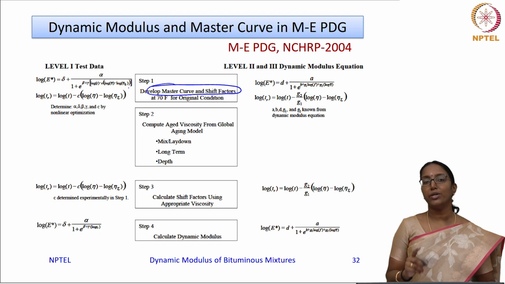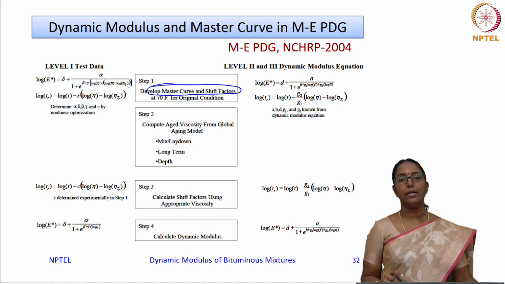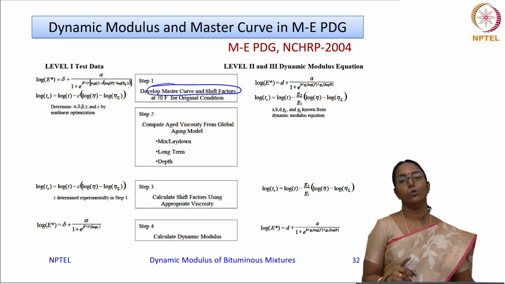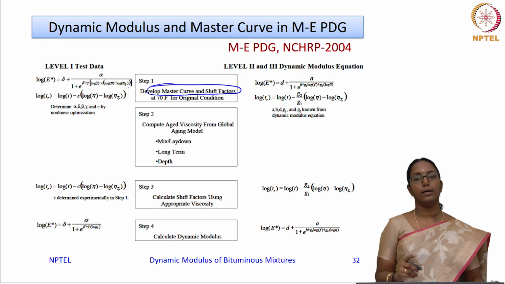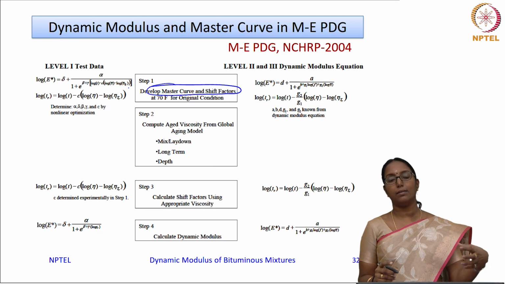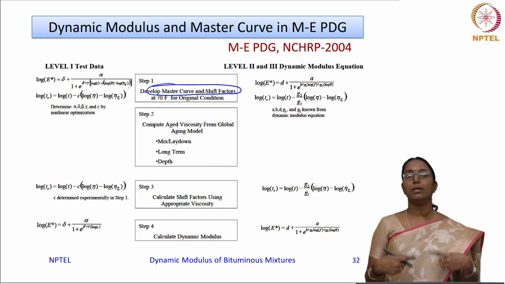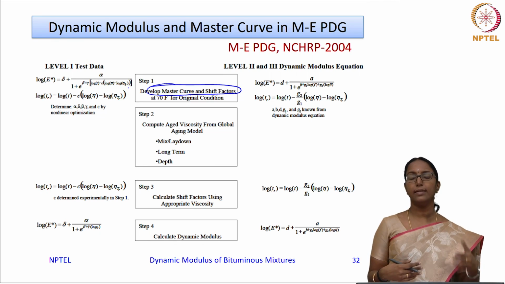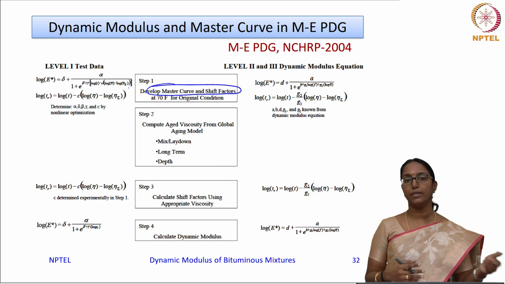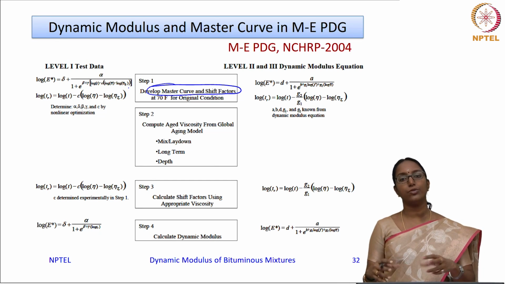Another important aspect that is considered in MEPDG analysis is that the aging of the material can also be included in this analysis. As we know, as the service life increases, the material will start aging due to many reasons. As I said, this is already discussed by Professor Nivita in her lecture. When the material ages, the modulus also will change.